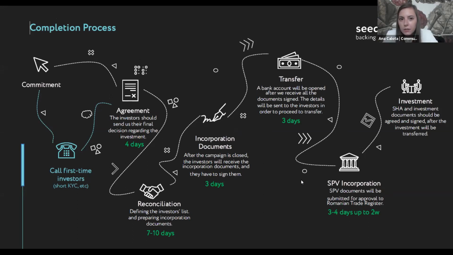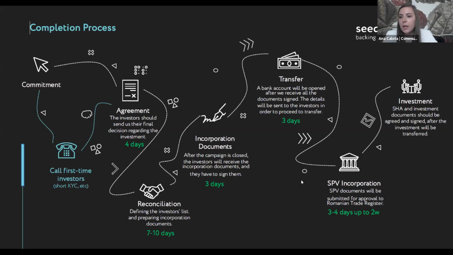Sorry, I see here also a question regarding, in case the VC approaches the SPV with a buyout of their shares, who governs the acceptance or rejection of the offer. All the decisions within the SPV are taken by the investors, the shareholders. For each decision a majority is settled.